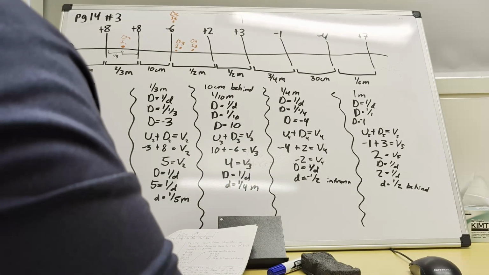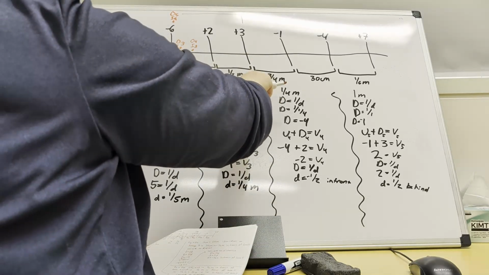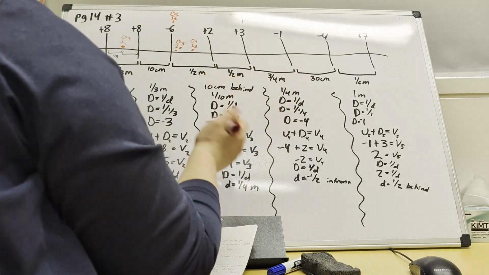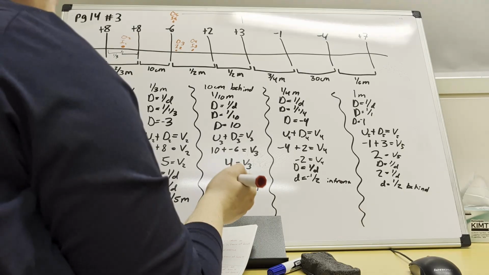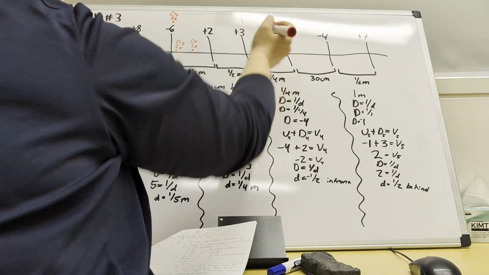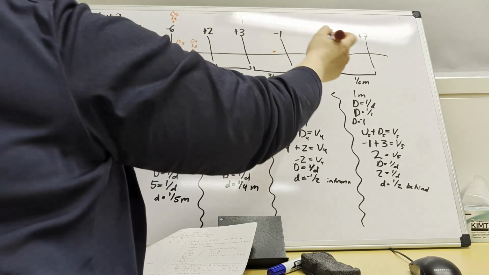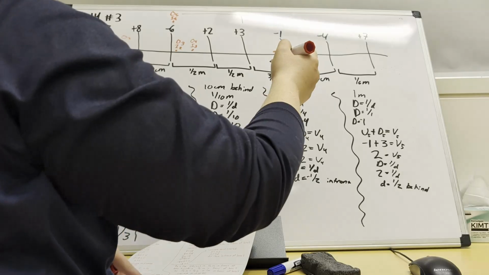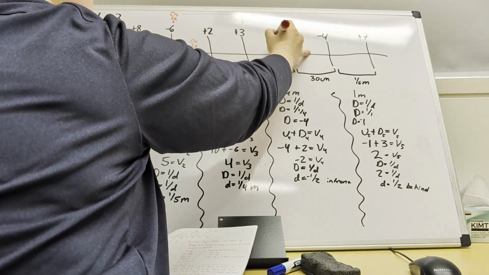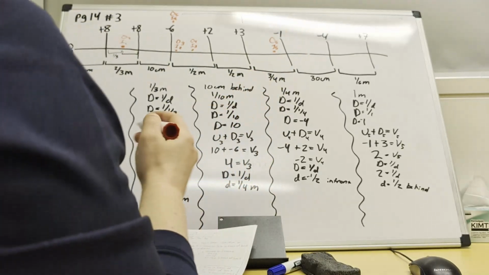The whole distance from, which is 50 centimeters, the whole distance from this +3 over to this -1 is 3/4 of a meter, or 75 centimeters. So we're going to be somewhere over here. And this is going to be our I5, which is also O6.